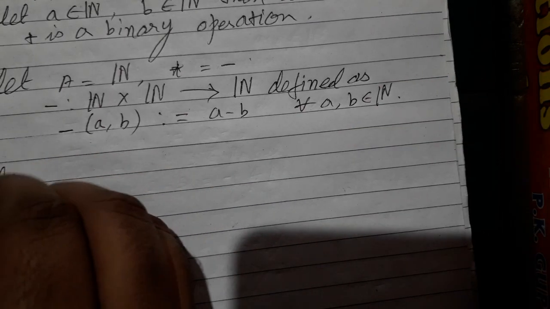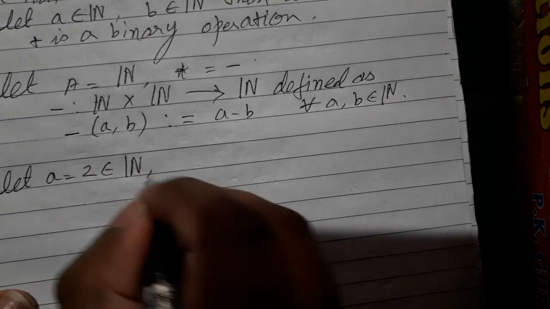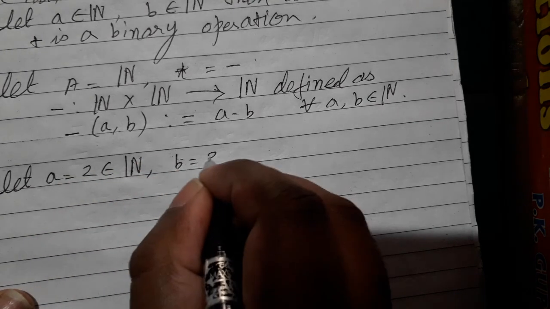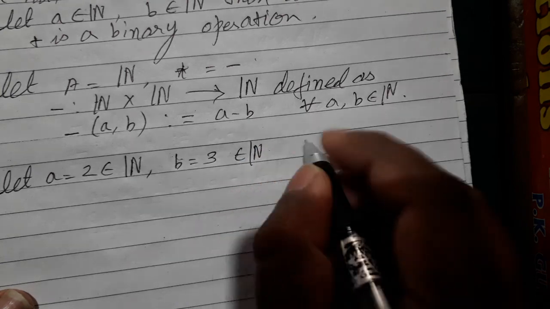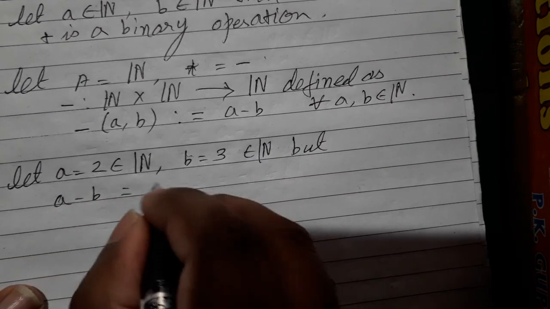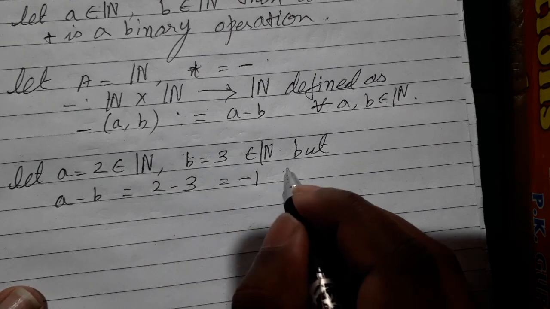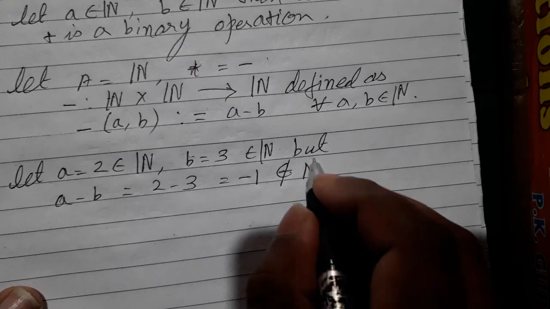Let me take A equal to 2, which is a natural number. I take B equal to 3, which is also a natural number. But A minus B is 2 minus 3, which is minus 1. So minus 1 is not a natural number. So this does not belong to natural numbers.